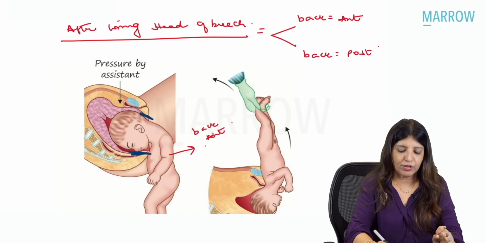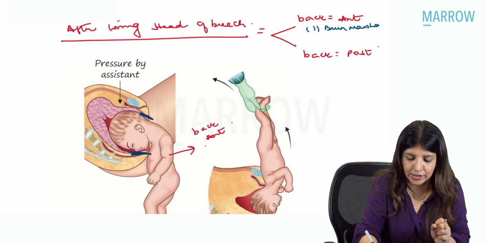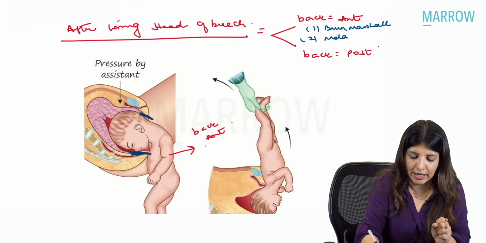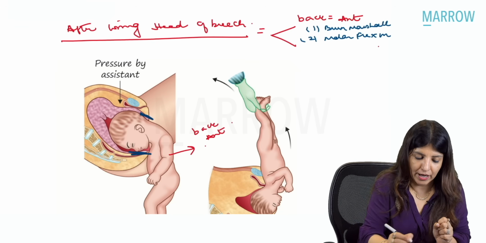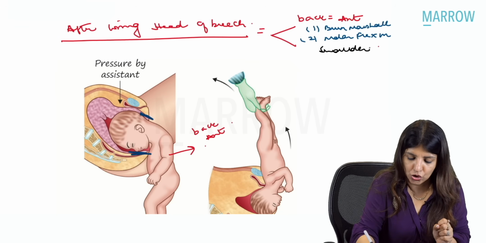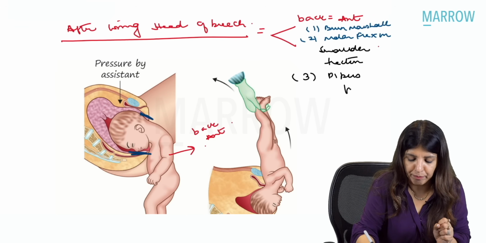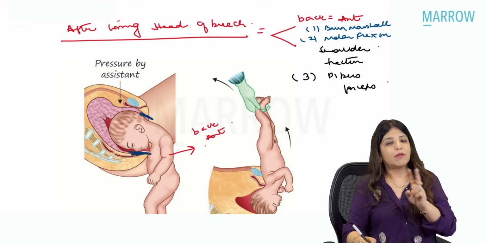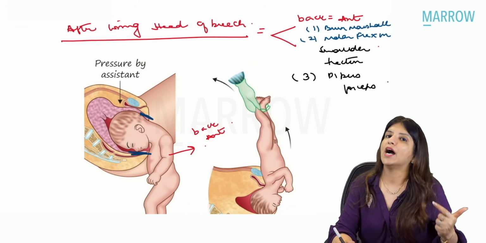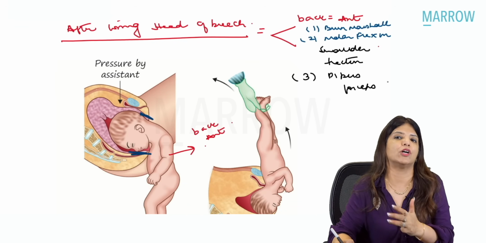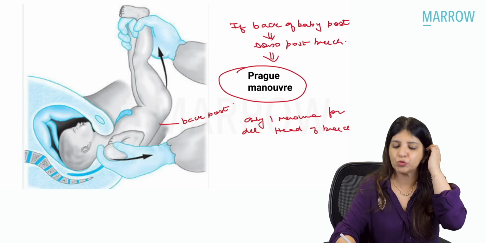But if the back of the baby is anterior, then in that case we have Burns-Marshall technique, we have malar flexion shoulder traction, and we can use Piper's forceps. So when the back is anterior, there are three maneuvers which can be used. One is Burns-Marshall technique, another one is malar flexion shoulder traction, and a third one is Piper's forceps. But when the back is posterior, there is only one maneuver, and that is Prague's maneuver.